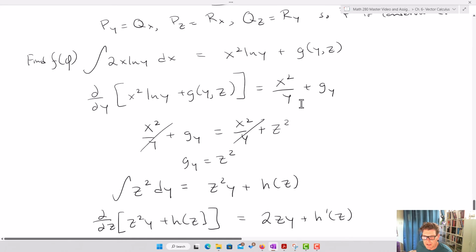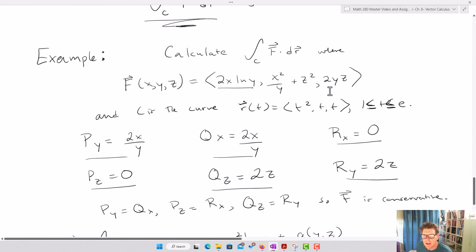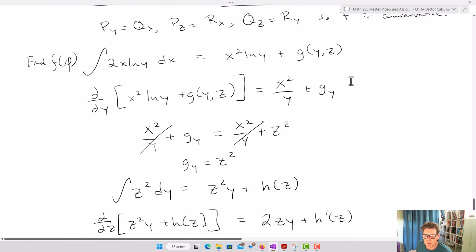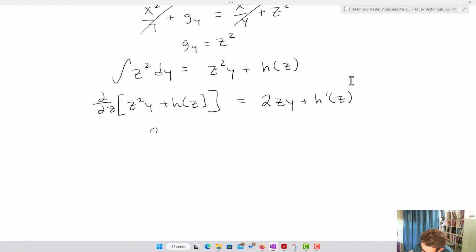I'll now compare that to phi_z, or my R, so that's 2yz. So 2yz equals 2yz plus h prime of z. First notice that 2yz goes away, so we get h prime of z equals 0.